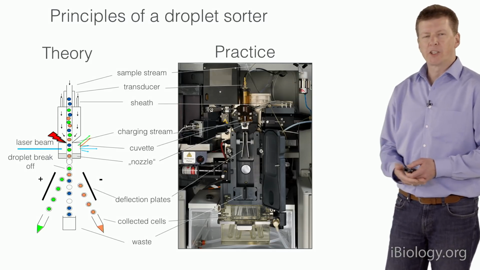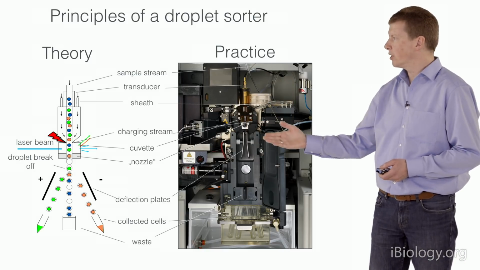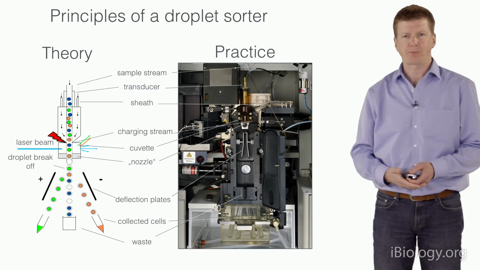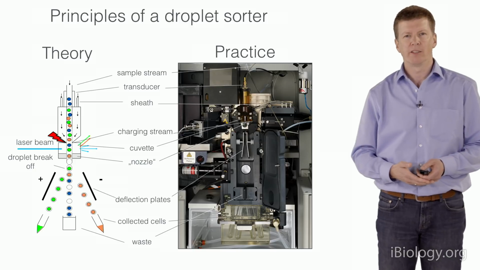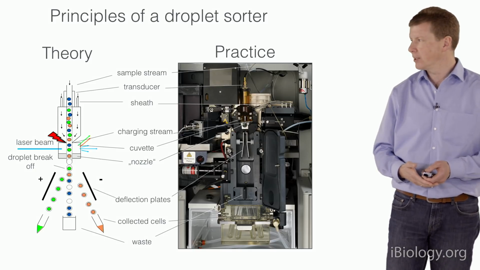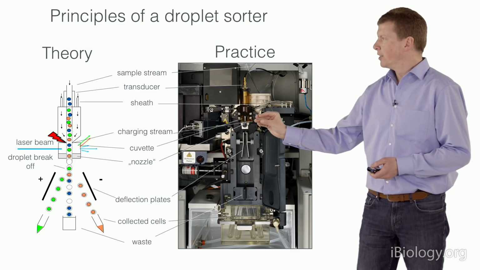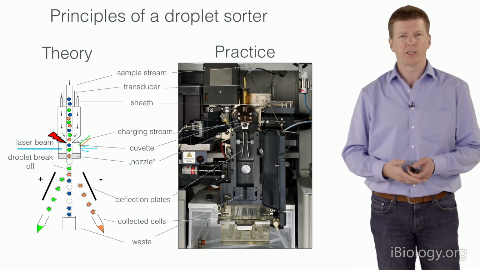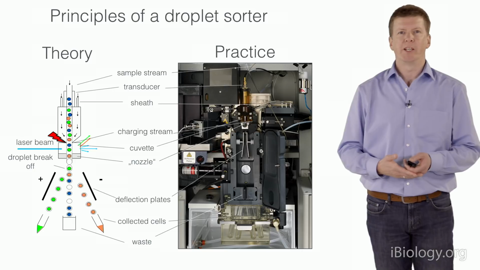Here is a real picture of an instrument, where you can also see that all the components are in a fixed and precise position. There is one exception. This you can call the heart of the flow cytometer and cell sorter. This is the nozzle part, which is sitting here. This is flexible and can be taken out, and therefore it allows us to adjust the instrument settings to our experimental needs.